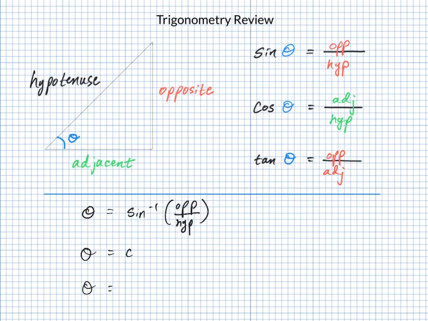We would be taking the inverse cosine, using our adjacent side and our hypotenuse. And finally, if we knew our opposite and our adjacent side, we would take the inverse tangent and find theta. These are our big six trig functions, if you will.